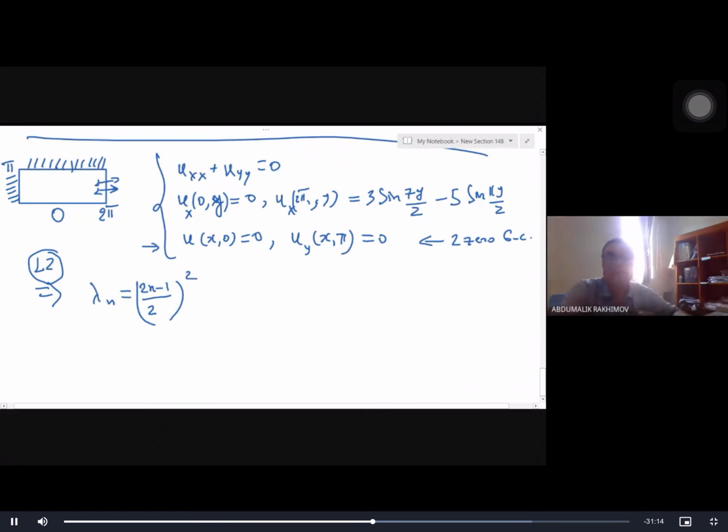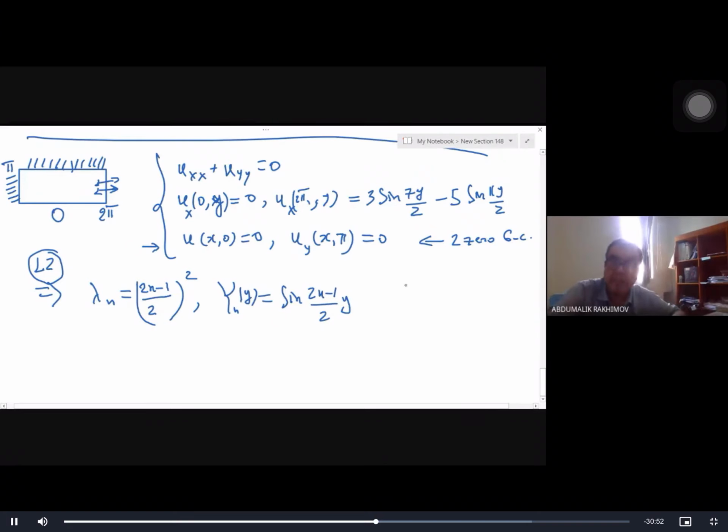This will be lambda n. Clear? So what will be yn? Yn of y will be sine, because with a derivative on the right side and no derivative on the left side, it will be sine 2n minus 1 over 2 y. These will be the eigenvalues and these will be the eigenfunctions.